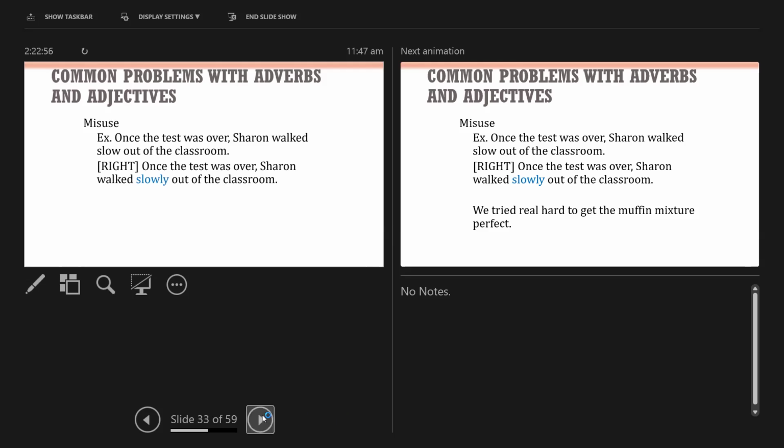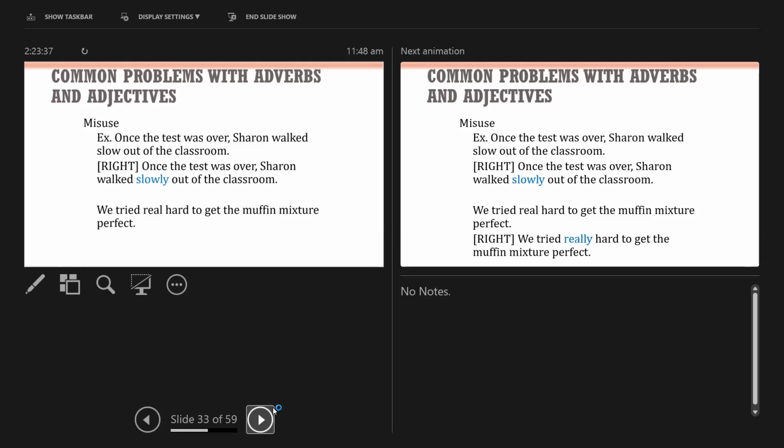Another example. We tried real hard to get the muffin mixture perfect. So what is the error and what should be the correction? Really? You know, Gen Z often make this mistake. They always say 'real quick,' like 'from friends to lovers, real quick.'